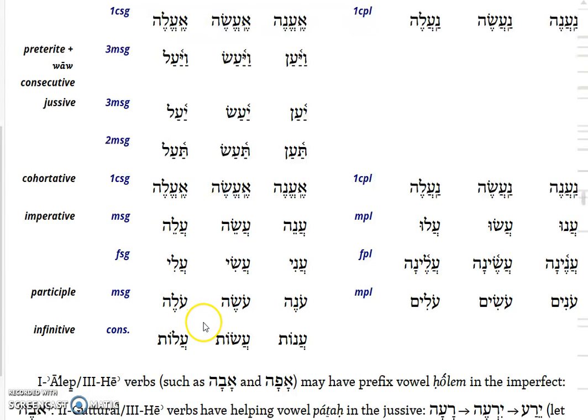The segol hey is common with the third hey forms. The infinitive construct, as again is normal with the infinitive constructs of third heys, will have the ot ending, but then you also get the hataf patah because of the guttural in the first position.